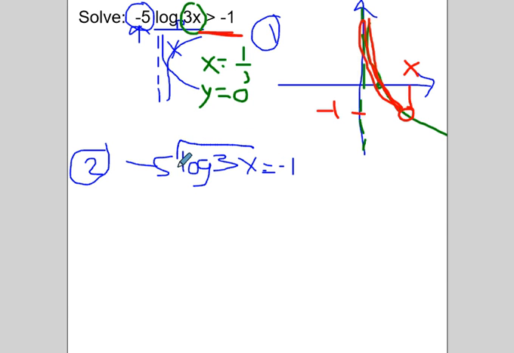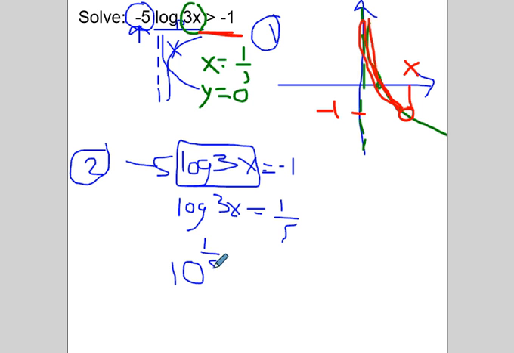You're looking for the log here, so you need to get rid of your -5. If you divide by -5 on both sides, you get log of 3x is equal to 1/5. And when you're stuck in this form, you have to think about going to the other form. So you have 10, your base, to the exponent 1/5, is equal to 3x.